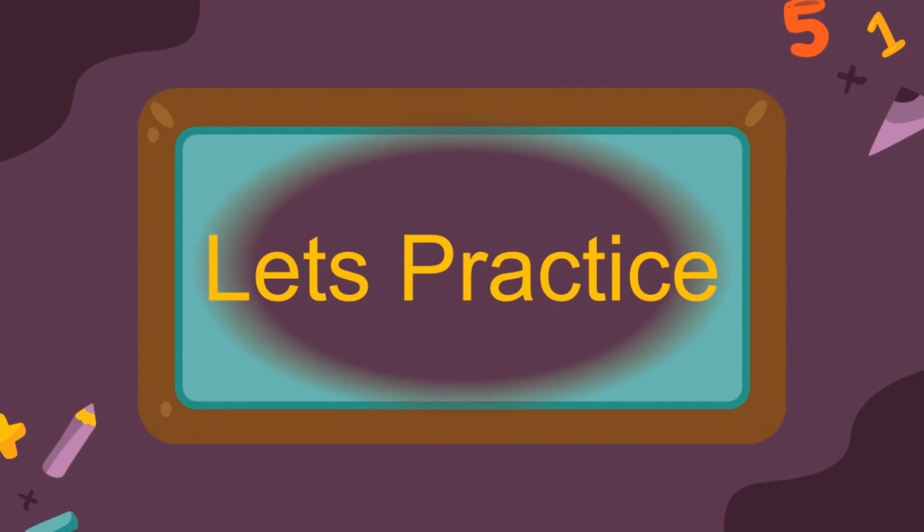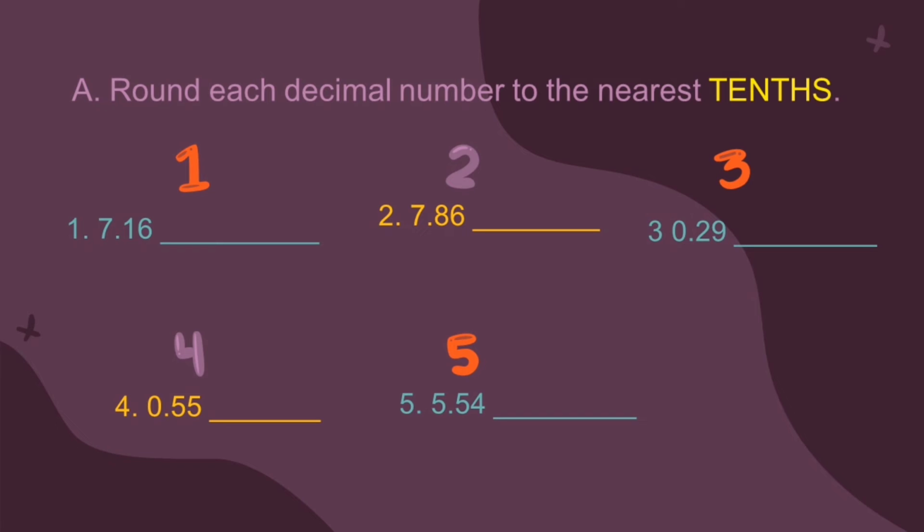Let's practice what you've learned this morning. Round each decimal number to the nearest tens. Number 1, 7.16. Number 2, 7.86. Number 3, 0.29. Number 4, 0.55. And number 5, 0.56. Write your answer on your paper. Okay, for number 1, 7.16. The answer is 7.20. Very good. Number 2, 7.86. The answer is 7.90.